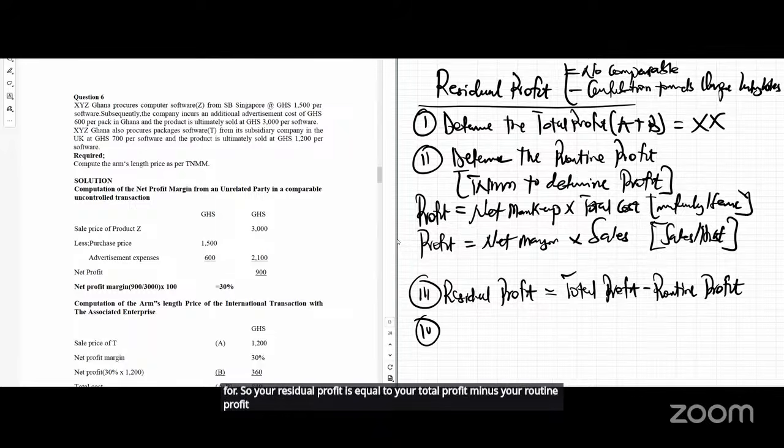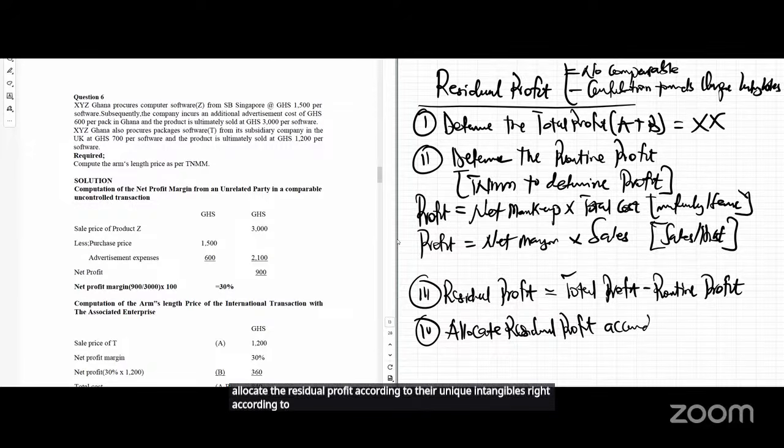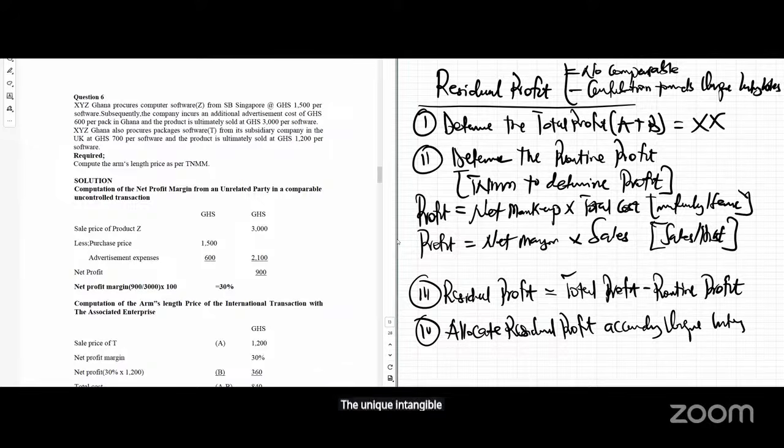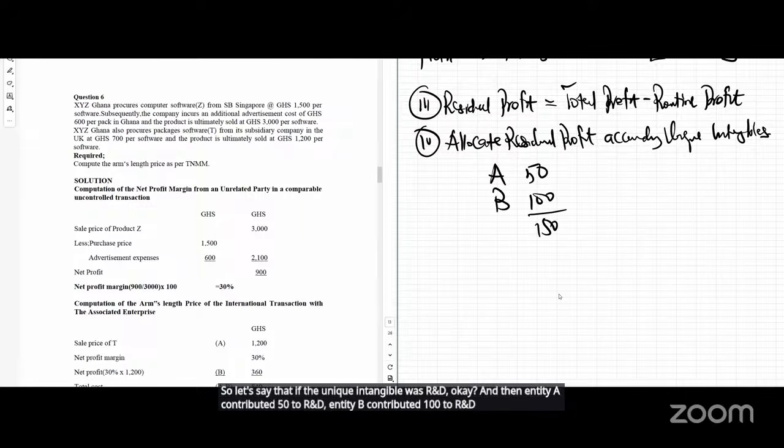Finally, you allocate the residual profit according to their unique intangibles. How do you do it? Let's say the unique intangible was R&D, and entity A contributed 50 to R&D, entity B contributed 100 to R&D, that is 150 in total.